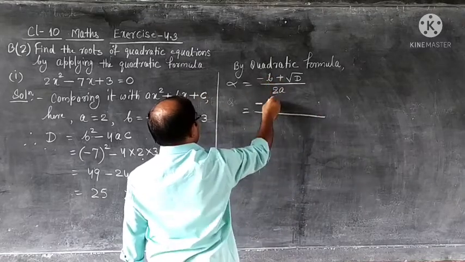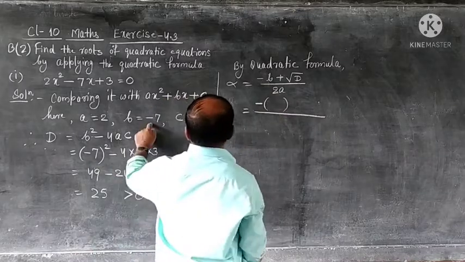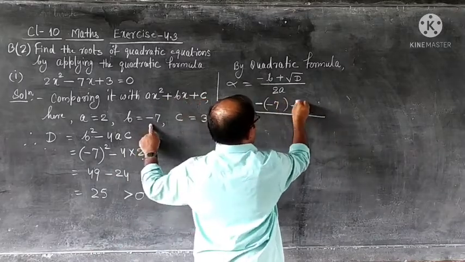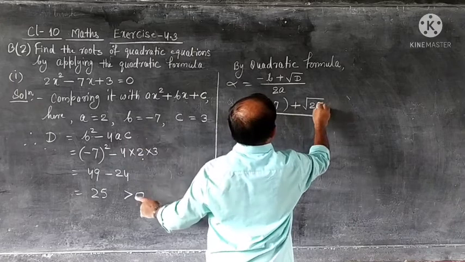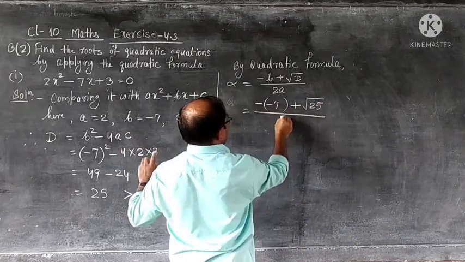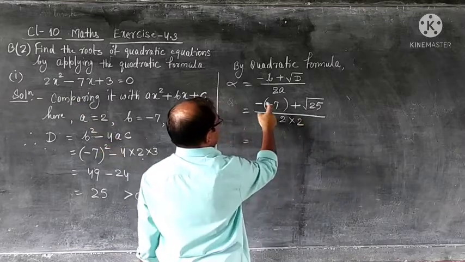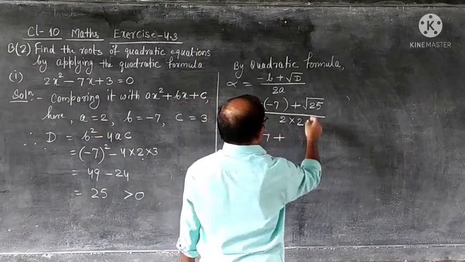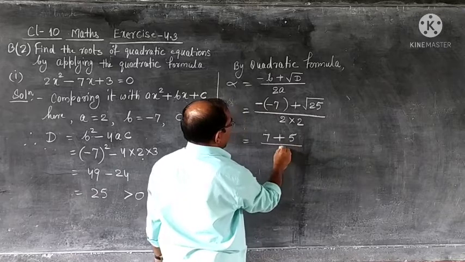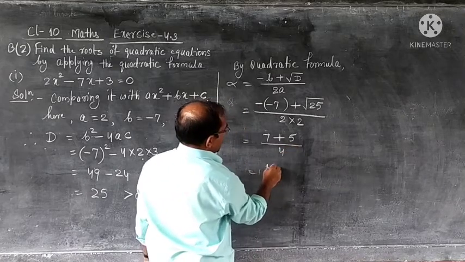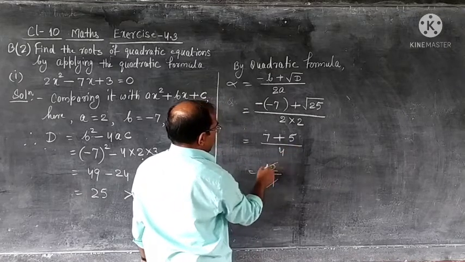So, minus, and then b, what is b? Minus 7, plus root d, d is 25, 2a, what is a? 2. So, we get minus minus plus 7, root 25 we know very easily, 5, by 4, 7 plus 5 is 12 by 4, 4 3s are 12.